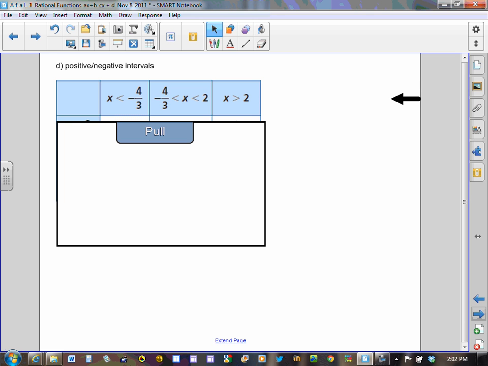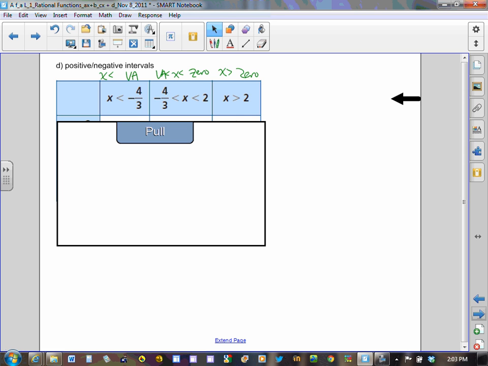Remember that -4/3 was the equation of the VA, and 2 was the 0, right? So we want x values less than the VA, then the sign of the y values in between the VA and the 0, and then the sign of the y values for values greater than x = 2.